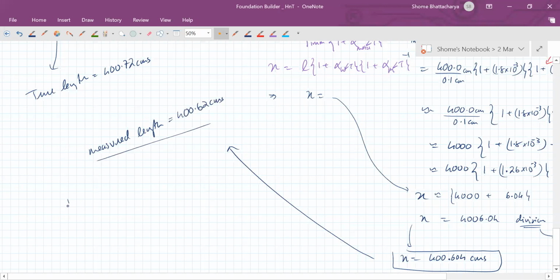So therefore the error will be 400.72 minus 400.62. So there's an error of, sorry, 604. So you just approximate that as 60 only.